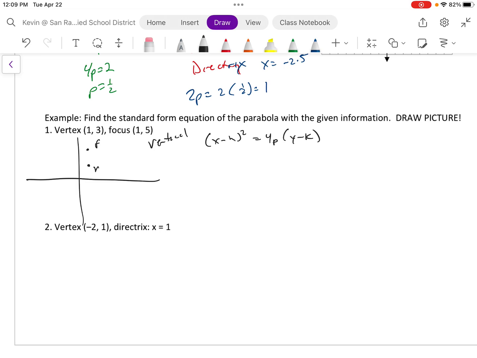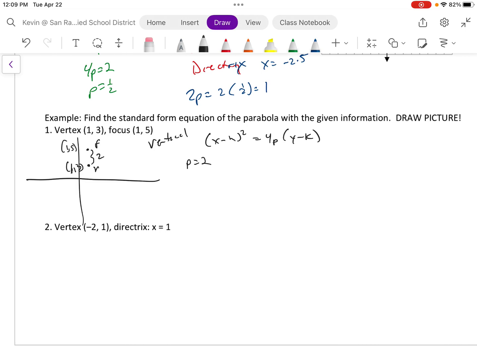So this is going to be x minus h squared equals 4p y minus k. It's vertical. And it's positive, since the focus is inside, it's positive.